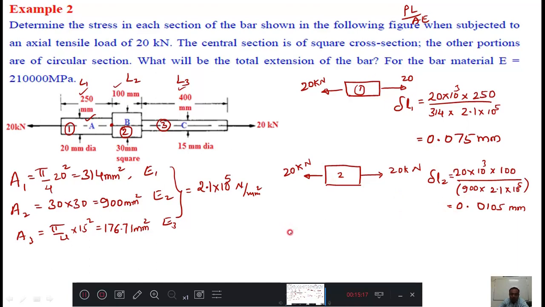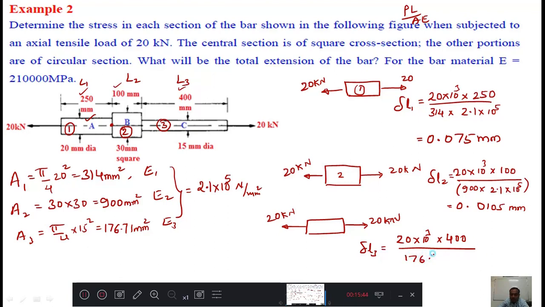Coming to the third bar, which is pulled in this direction with 20 kilonewton, you can see in the figure. Then if it is in equilibrium, the resistance here will be 20 kilonewton. Then delta L3 equals P, 20 into 10 raised to 3, L is here 400 mm divided by area 176.71 into E, 2.1 into 10 raised to 5.